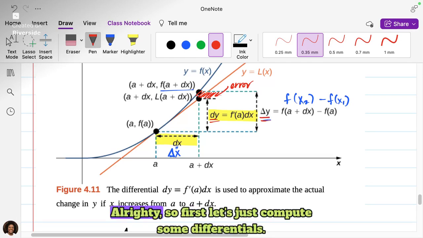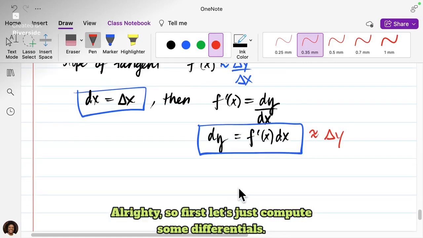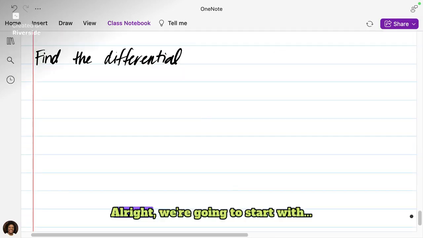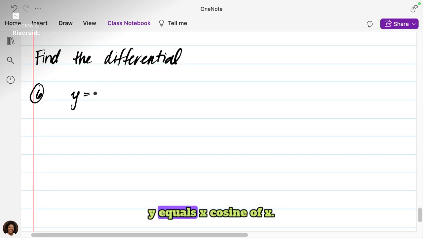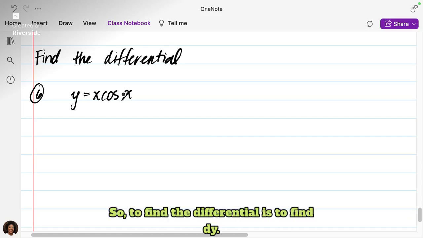All right, so first, let's just compute some differentials. We're going to start with y equals x cosine of x. So to find the differential is to find dy.